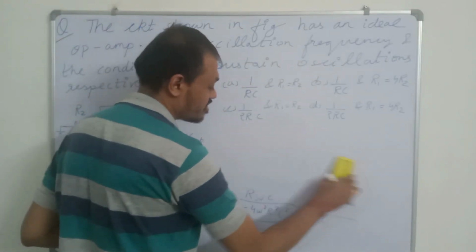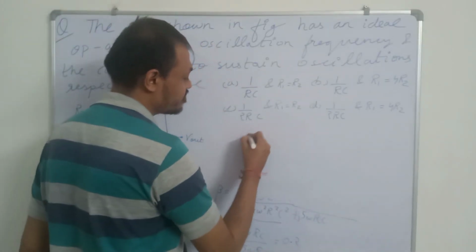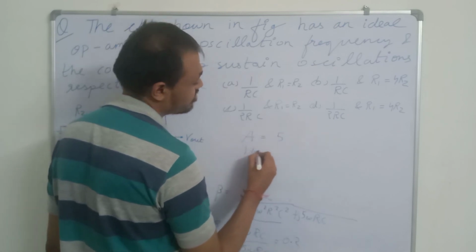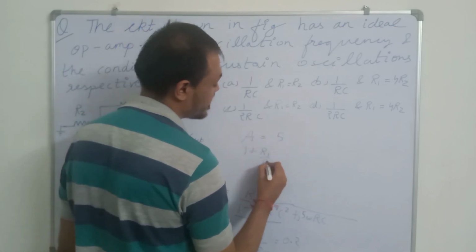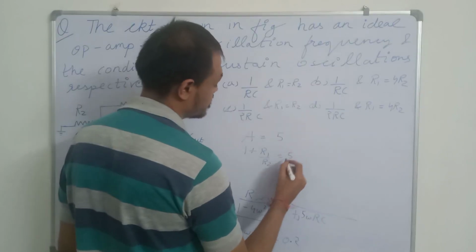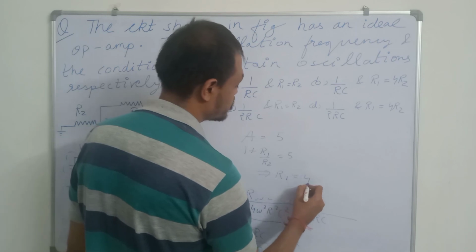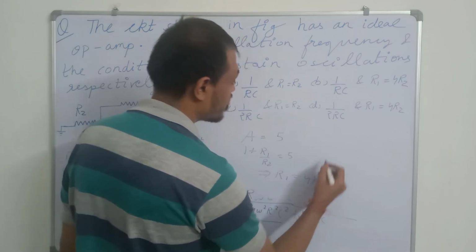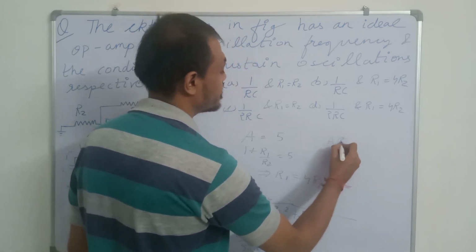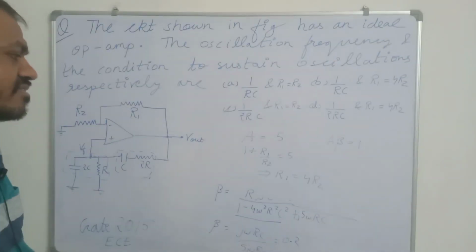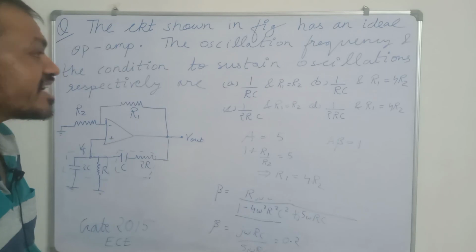So the value of gain A must be equal to 5, or 1 plus R1 upon R2 must be equal to 5. So R1 should be equal to 4R2, because A beta must be equal to 1, and if beta is 0.2, then A must be equal to 5.